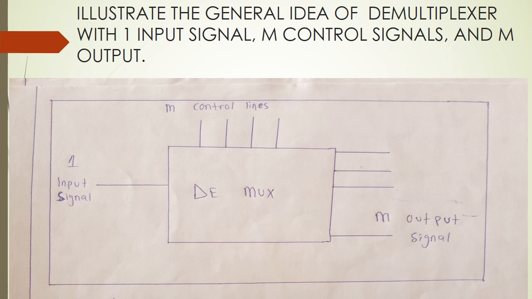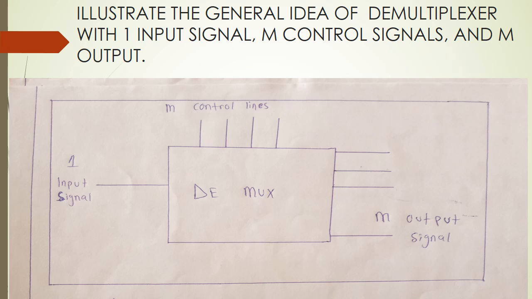Those M control lines will not have any function since they have not selected any of them. So we have to take one of them, which is visible, into the input, since it is a demultiplexer circuit. Here is the demultiplexer circuit, which accepts only one input and gives out multiple outputs.